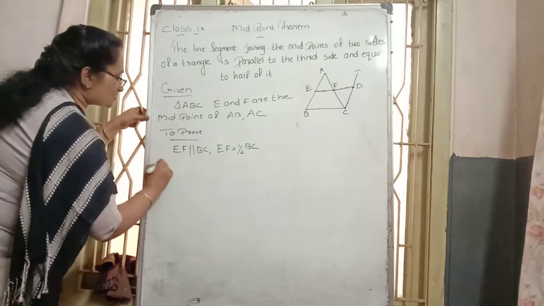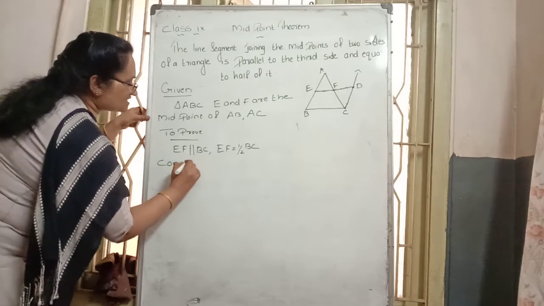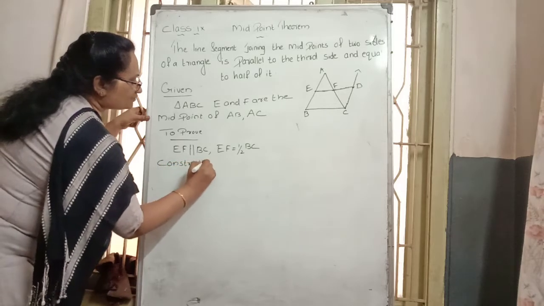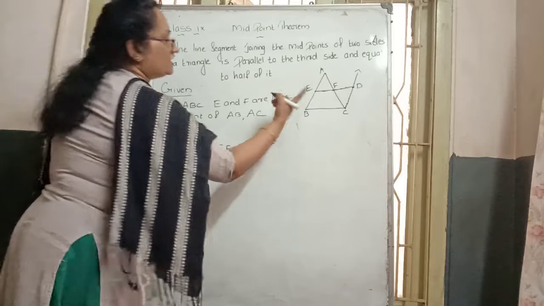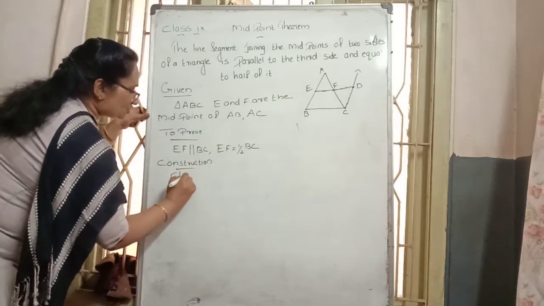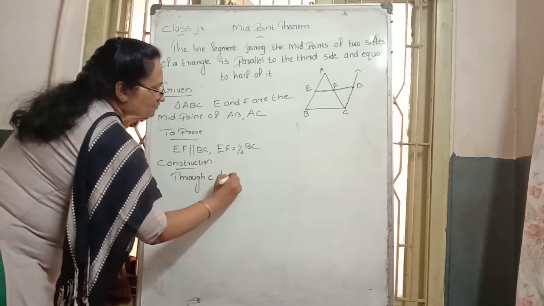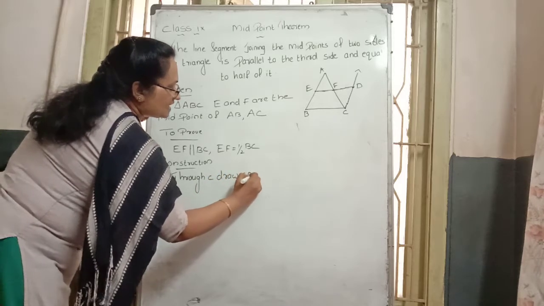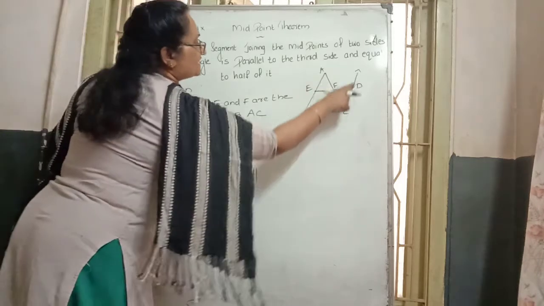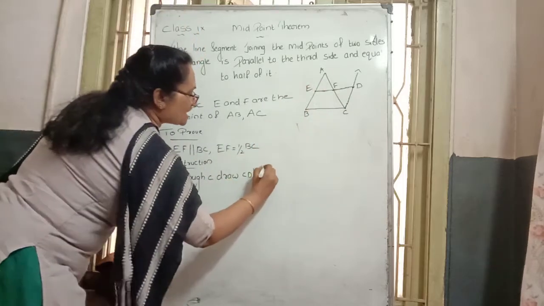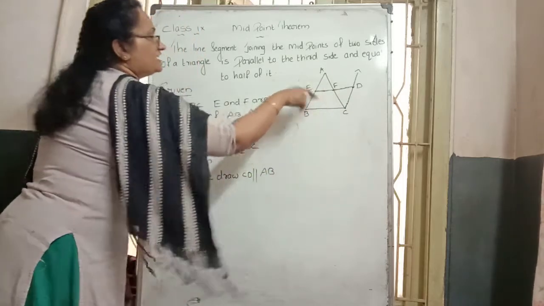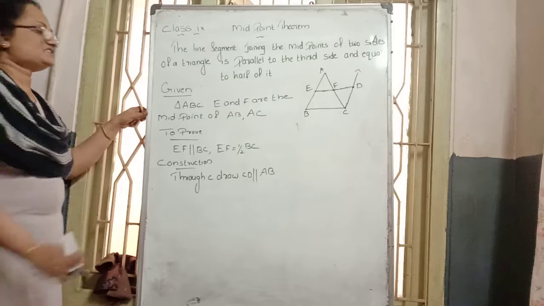For that we do the extra construction: through the C vertex, draw CD parallel to the AB side.